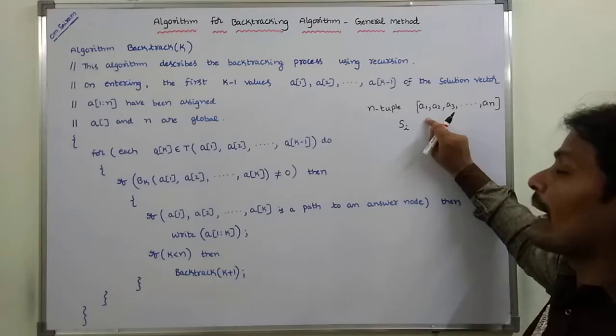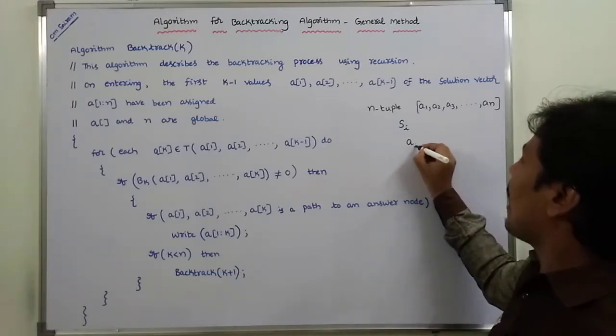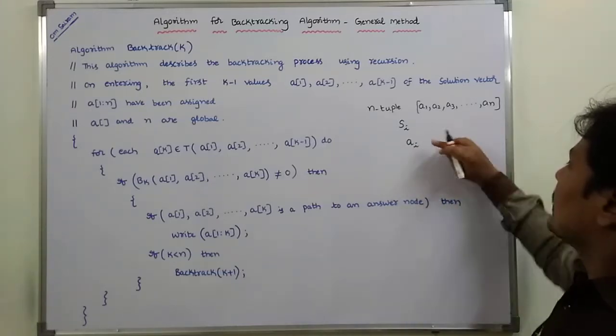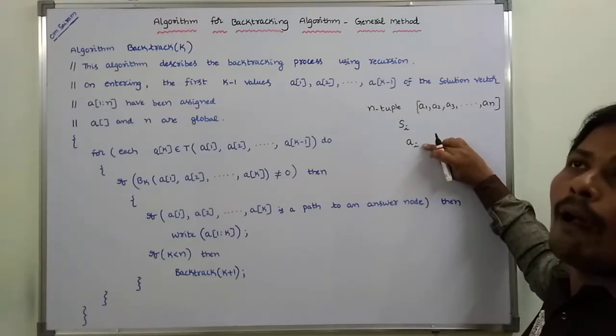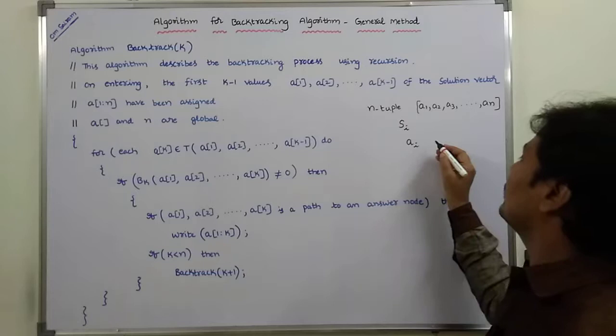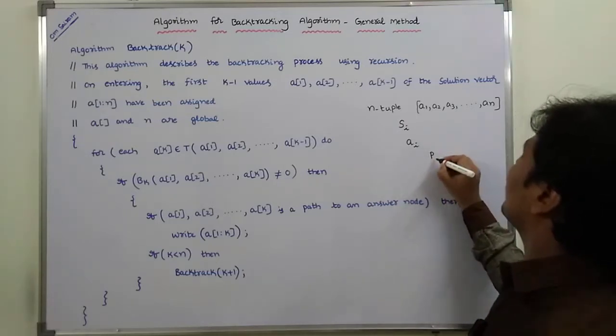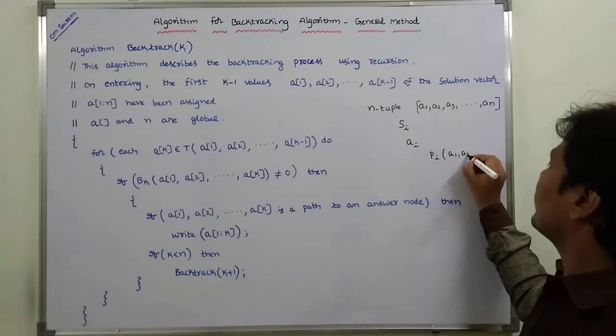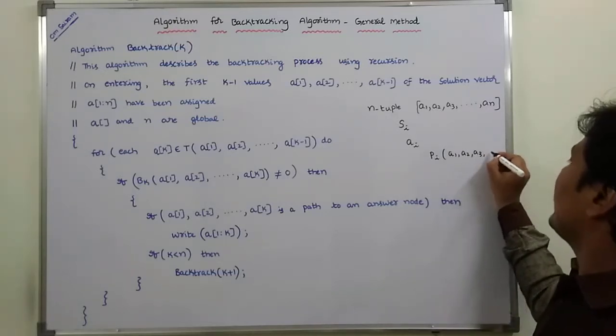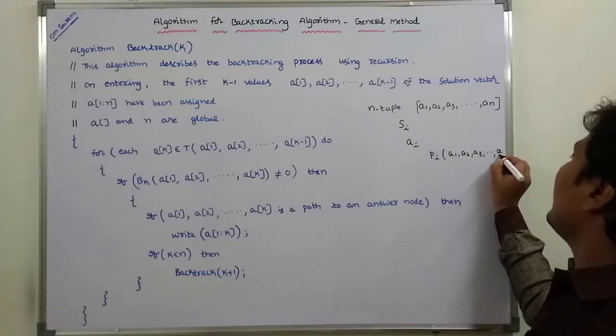This vector satisfies the bounding function or criteria function. That criteria function can be expressed over a1, a2, a3, up to an.